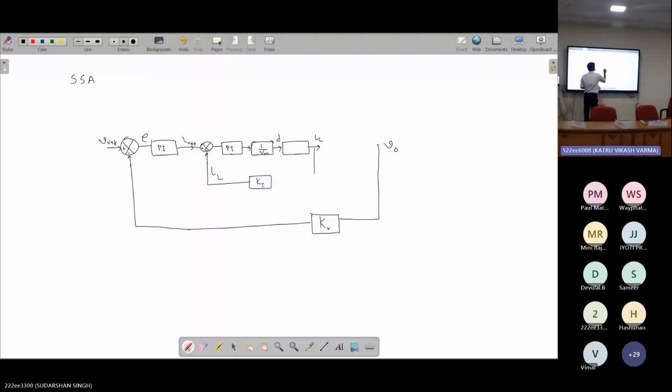So the output is IL and the input is duty ratio. You need to find out the transfer function between inductor current and duty ratio, which I am mentioning as GILD.